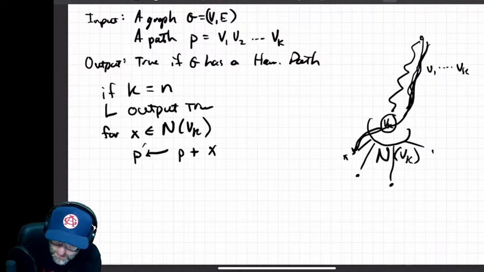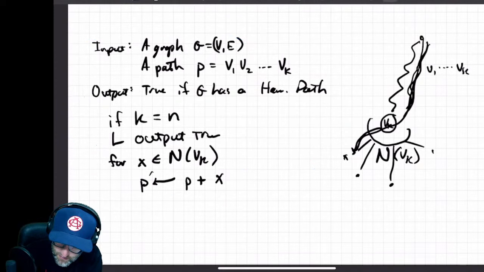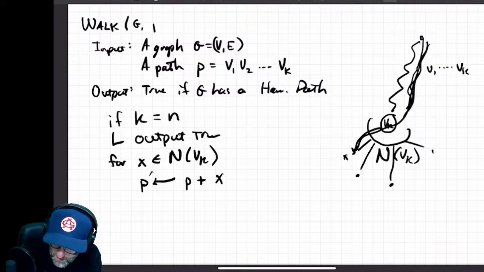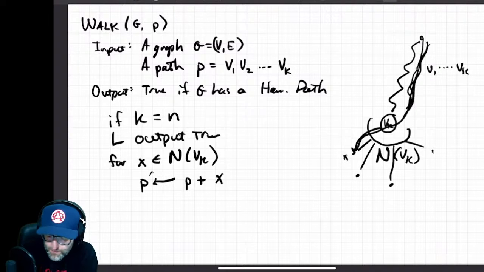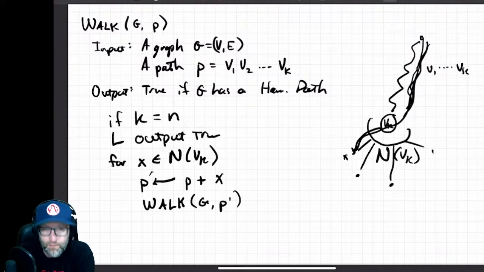Unfortunately, I didn't leave myself enough room, but let's do that trick again. Let's move it down, and let's call this, what I'm doing here is walking. It takes in a graph and a path P. I'm just giving it a label because I ultimately want to recursively call it on the same graph, but with this modified path.